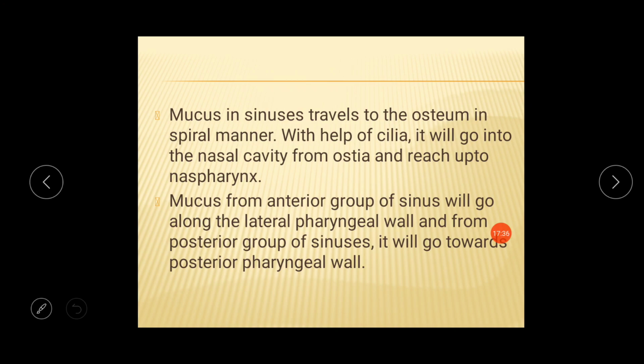Mucus in the sinuses travels to the ostium in a spiral manner. With the help of the cilia, it goes into the nasal cavity from the ostia and reaches the nasopharynx, and from the nasopharynx it goes into the oropharynx and stomach.